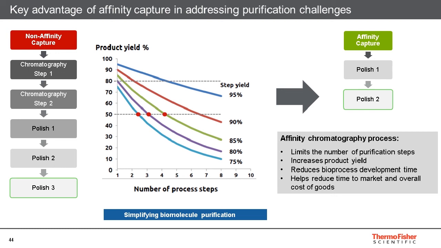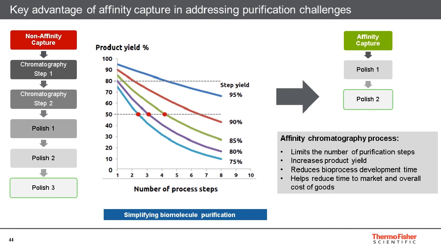Whatever your product is, if it is for human injection, obviously you will go through a number of purification steps so that all the required impurities are removed. Some of you are probably familiar with the process-related impurities, such as the residual DNA or the host cell proteins, as well as the product-related impurities, which can be variants of your product.